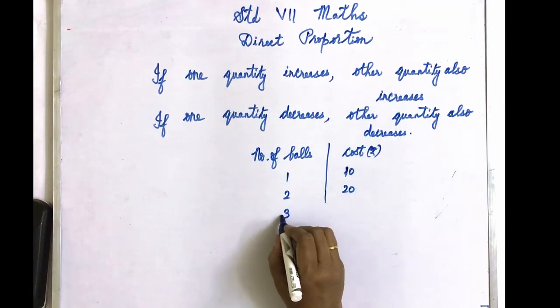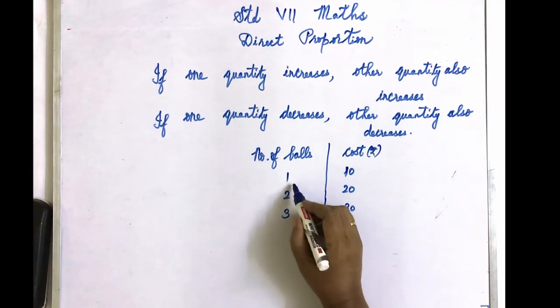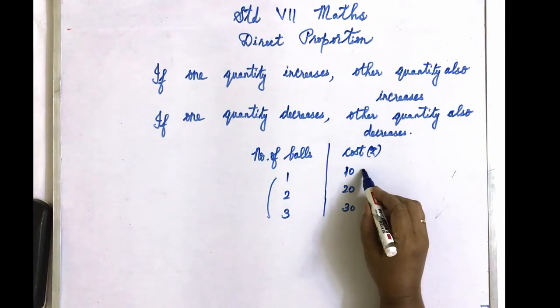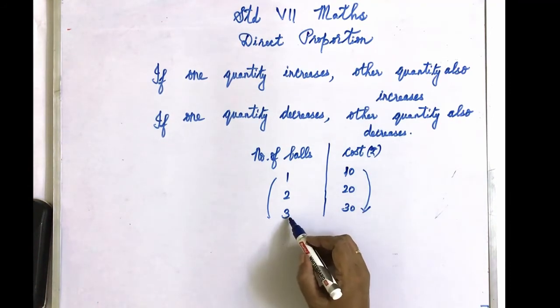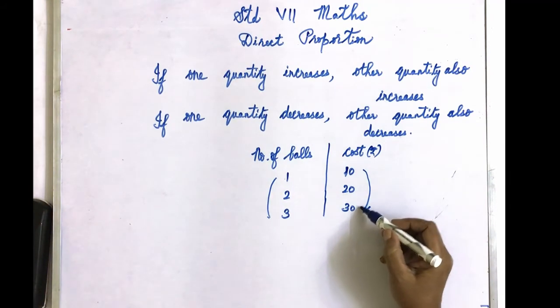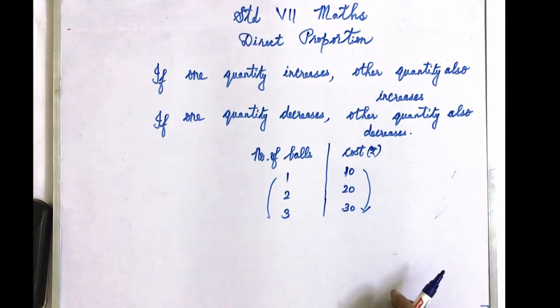If we buy 3 balls, we have to pay 30 rupees. So, as the number of balls increases, the cost also increases. If you reverse it, if the number of balls decreases from 3 to 1, the cost will decrease from 30 to 10. So, this proportion is called direct proportion.